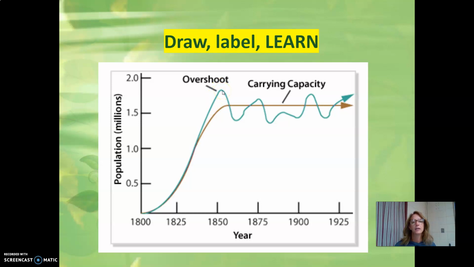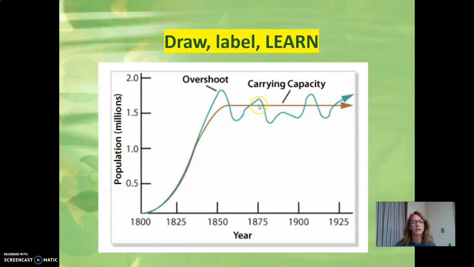All of a sudden they've reached a point where there's not enough food for all the babies that they had, so then the population starts to die off. It can die off because they get overcrowded and disease starts to spread, or they simply run out of resources, so food, water, and space. Now all of a sudden they're down here and the environment has lots of food again, so now they can increase their population. And this normal fluctuation is healthy.